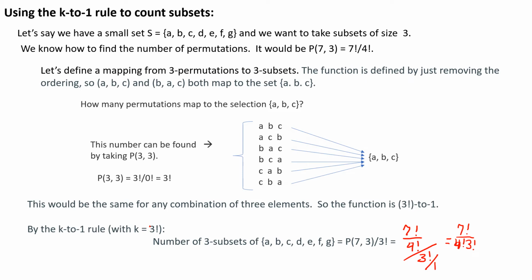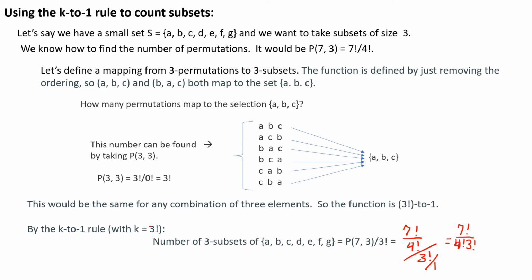We've looked at this through one little example, but ultimately we want to talk in general about how, if we can find the number of permutations of something, which we already know how to do, we can come up with a general rule so that we find the permutations and then do something to that to come up with the number of subsets.